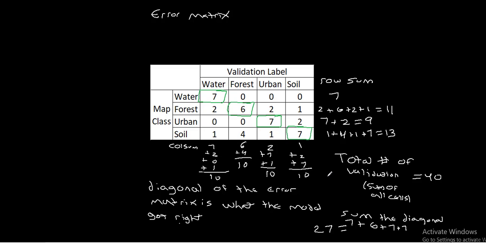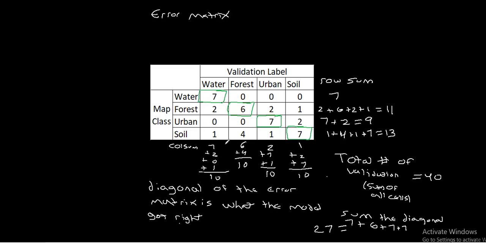So what I want to do before we move on to the next video is quickly recap or summarize what these row sums and column sums mean, right? Because we understand the sum of the whole table is the total number of validation data. We know the sum of the diagonal is the times that the model was right.